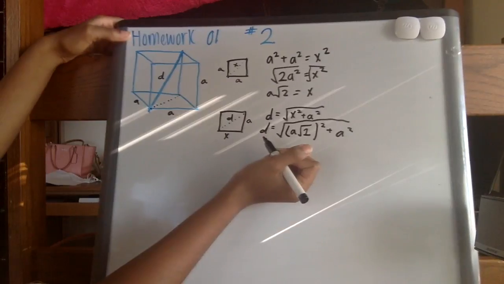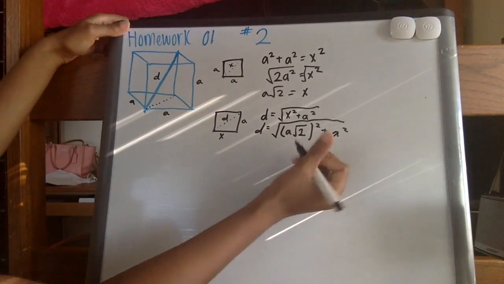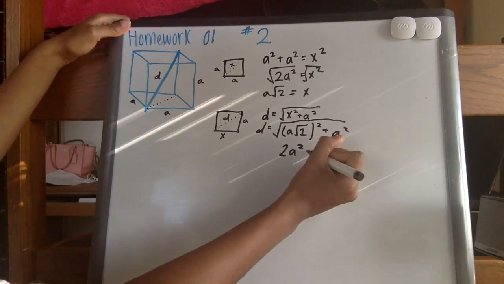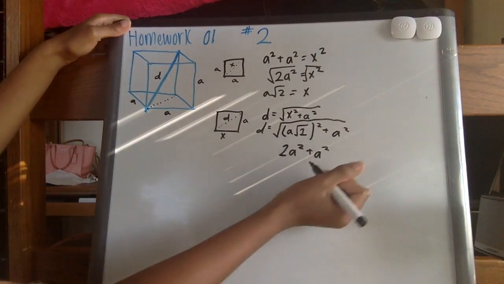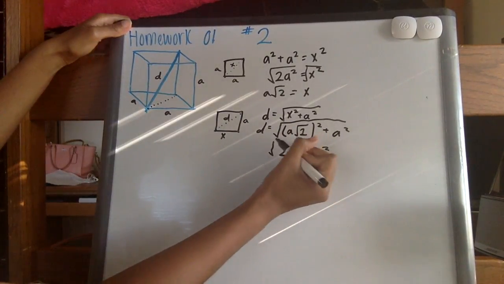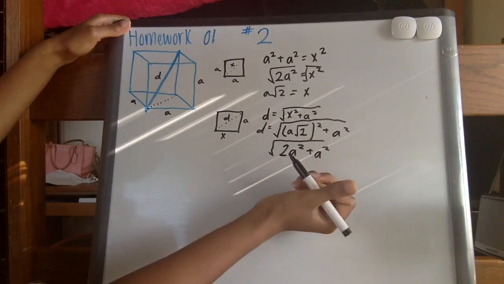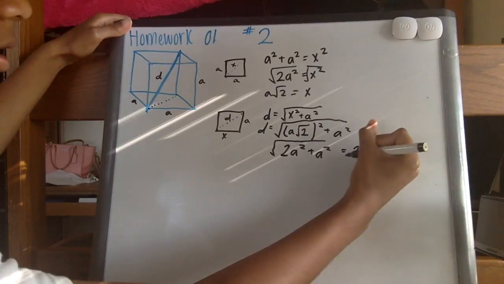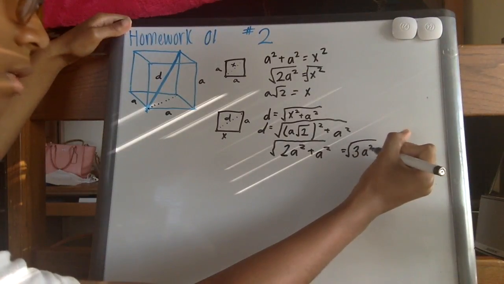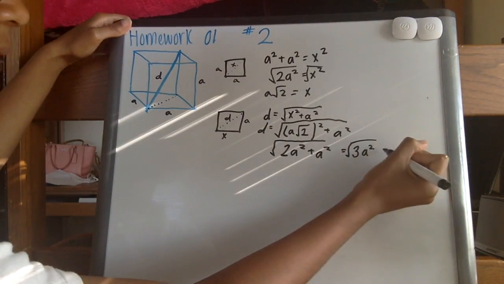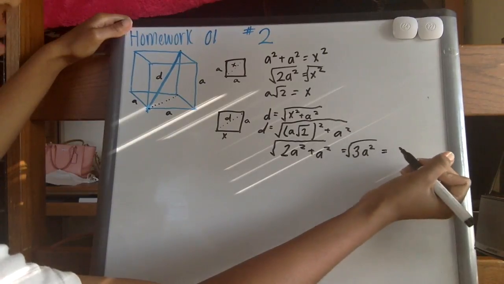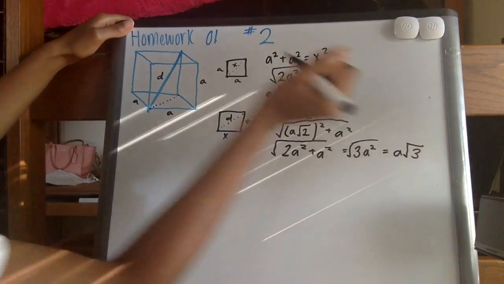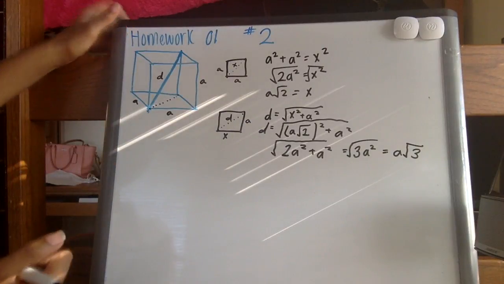If we simplify, we end up with the square root of 2a squared plus a squared, which simplifies to the square root of 3a squared, and simplifying again, that's a root 3. So that equals our d.